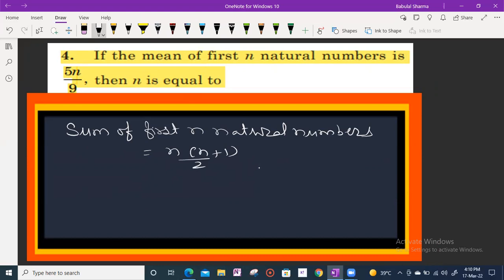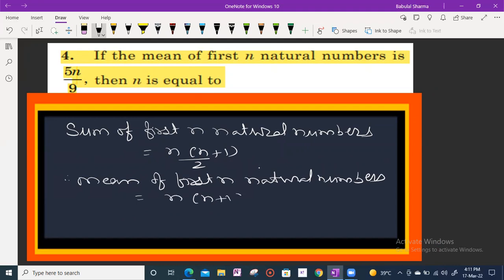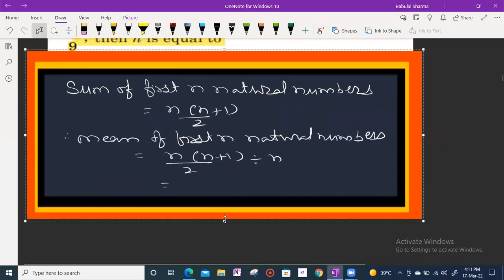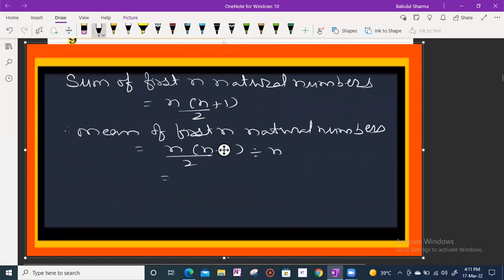And if we find the mean of the first n natural numbers, it will be n(n plus 1) by 2 divided by n. On division, n and n cancel, that is n plus 1 by 2.